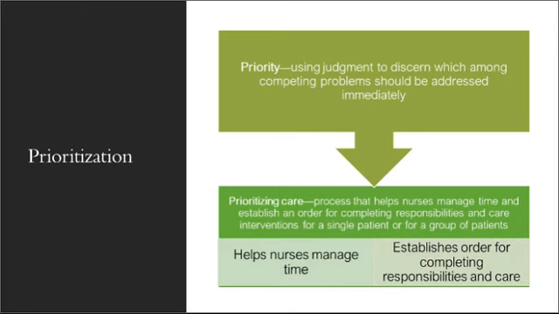Ability to set priorities is critical thinking, and time is always a factor. Nurses have only limited time to make clinical judgments, perform interventions, and meet multiple objectives throughout their shift. So time management helps the nurse get everything done that needs to get done.